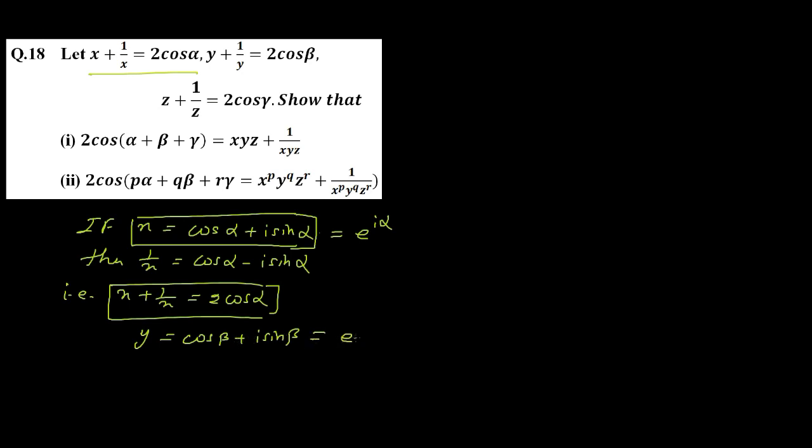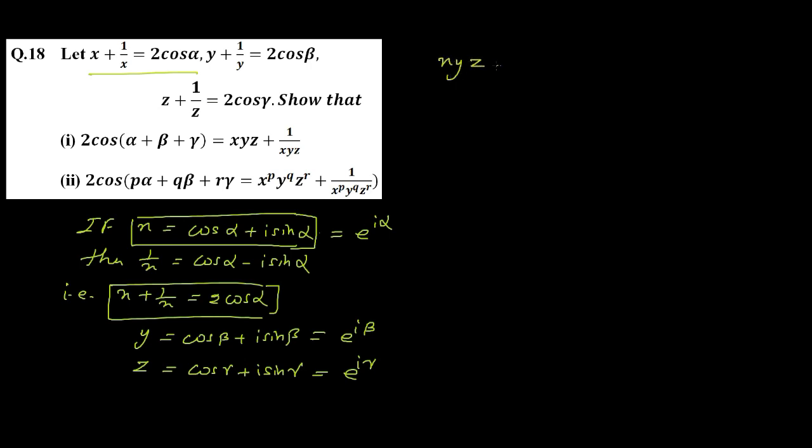So this can be written as e to the power iota beta also. And z can also be written as cos gamma plus iota sin gamma, and this is e to the power iota gamma.